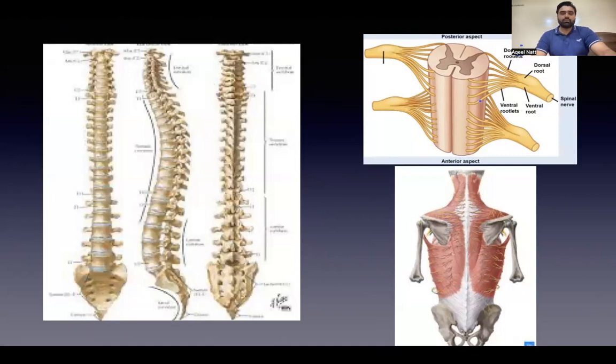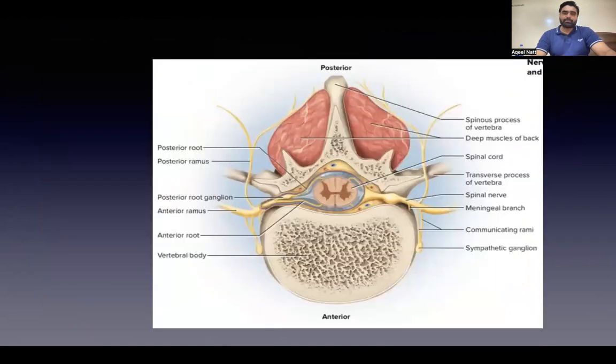These are the composites which make the spine. So this is another picture. You can see this is the bony anatomy, this is muscular, and this is the neural tissue. These three components are very important to know, and their anatomy is relevant to treating the patient with spinal cord injury.